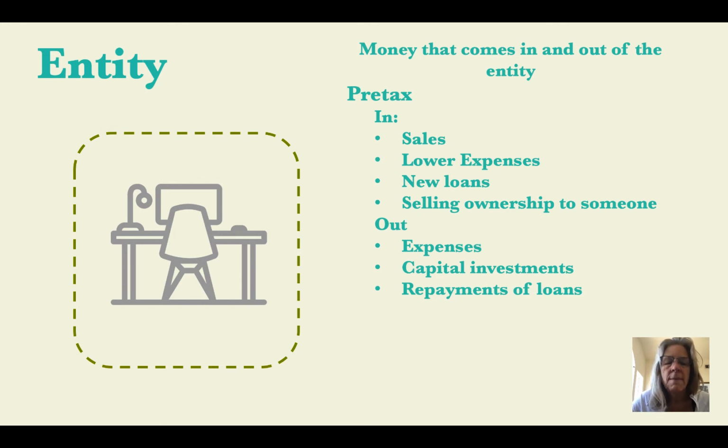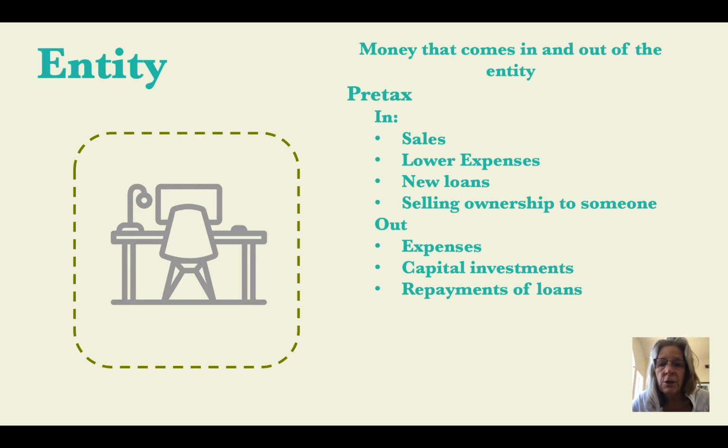We're going to talk about the things that come in, which have to do with higher sales or lower expenses. New loans are also an inflow, and selling ownership to somebody would also be an in. Or if you're selling not just a product, but a particular capital expenditure, like a piece of machinery, that would also be an in.